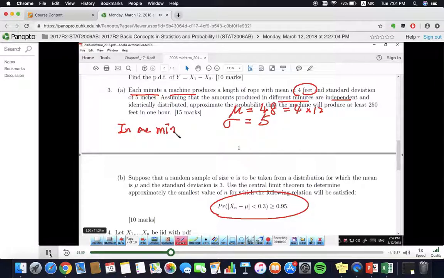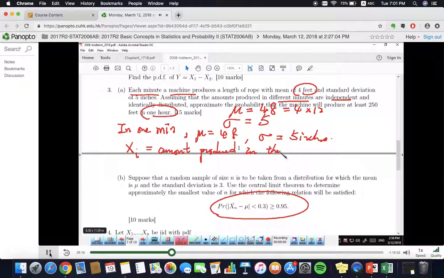So in 1 minute, a machine produces a length of rod with mean equal to 48 and standard deviation equal to 5 inches. Now it asks you in an hour. Let's say we have x_i to be the amount produced in the ith minute.